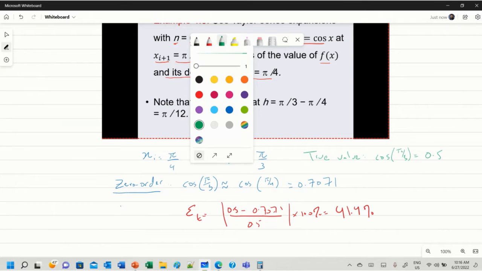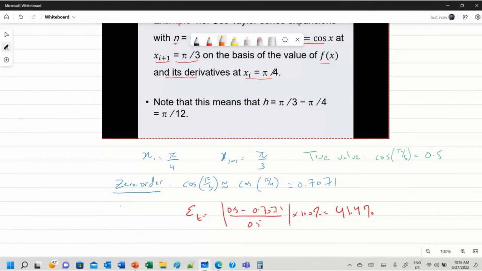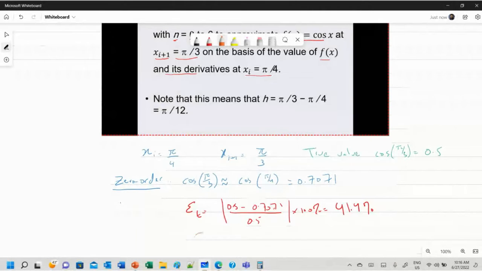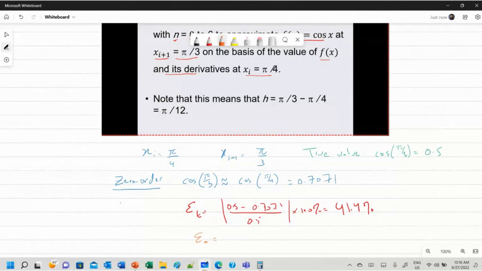And of course, we need the approximate value. So we don't have any previous value for the approximate, so we cannot find any approximate error.